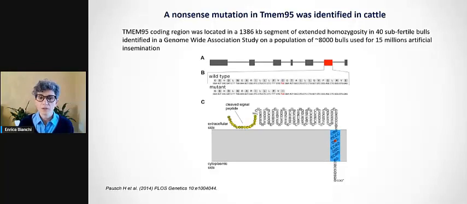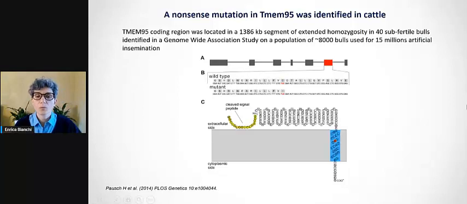As I said, when I started my work at the Sanger, there were very few proteins shown to be essential for fertilization, but last year actually another 4 proteins on the sperm had been shown to be required for fertilization, adding to the picture. One of these proteins is TMEM95, that was actually identified a few years before in the cattle industry.